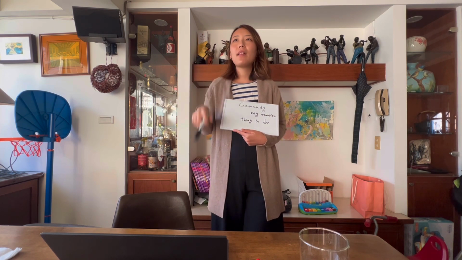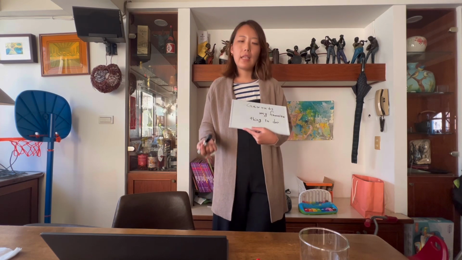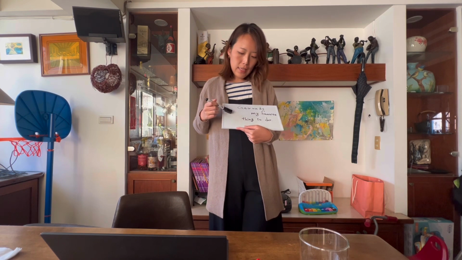When that happens, we add ing after the verb to make it a gerund. So that's why we add ing after the verb eat. Any questions so far? No? Okay.